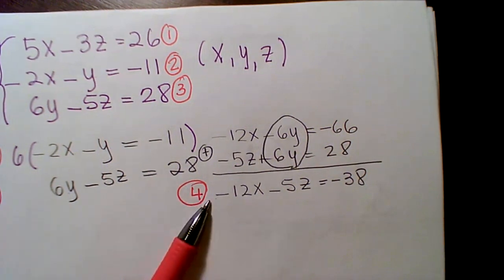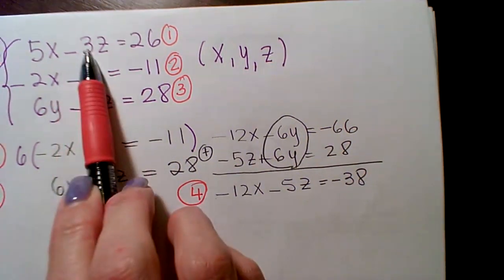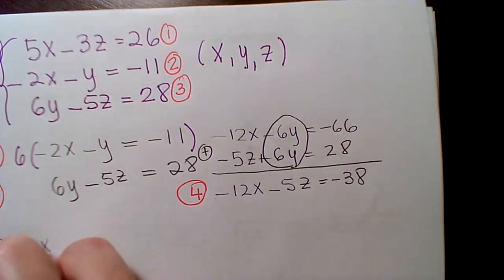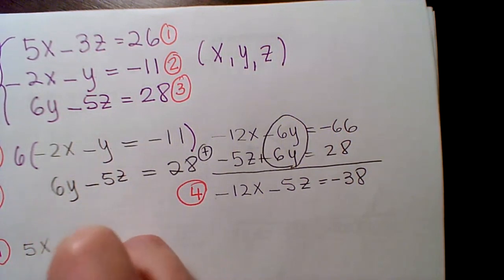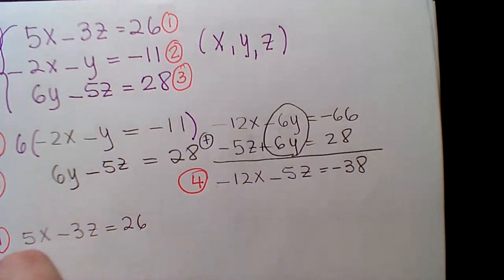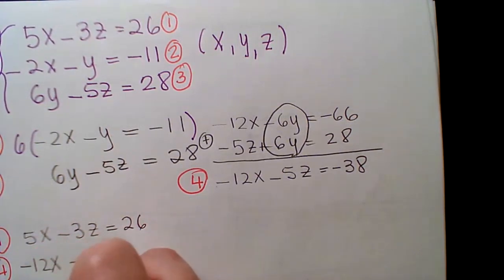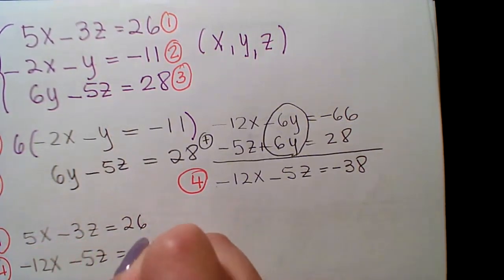Now we said I take the 4 with the 1. So 1 is 5x minus 3z equals 26, and 4 is negative 12x minus 5z equals negative 38.